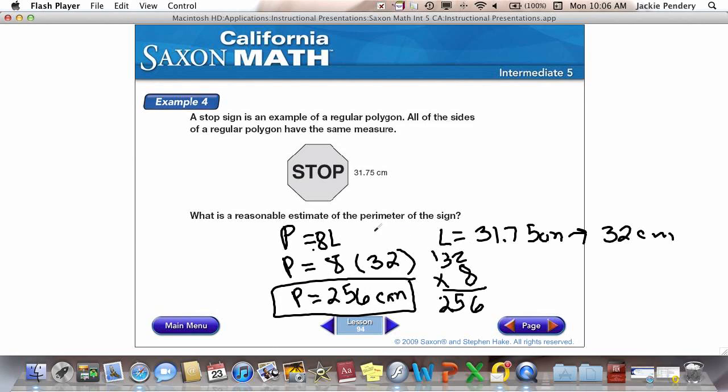So you need to, on your paper, show me the formula, and we use 8 because this is an octagon that has 8 sides, so that's why the perimeter is 8 times the length, because all of the lengths are the same. So my length is 31.75 centimeters, which rounds up to 32 centimeters. I multiply 8 times 32, and I get 256 centimeters. Okay, all right, one more.